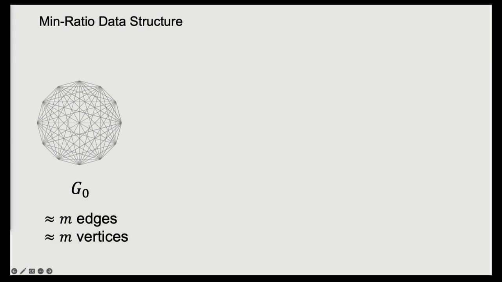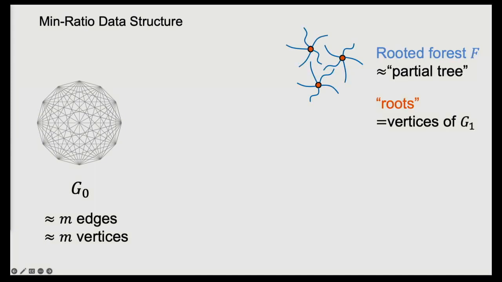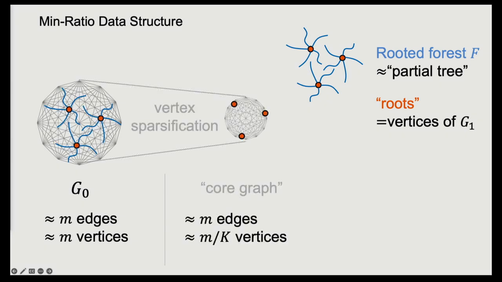Okay, so now let's talk a little bit about the steps of reducing the size. So we said that the first part is that you have your initial graph with m edges, and let's say it also has m vertices, just because I don't want 2 parameters. I just want 1. Okay?